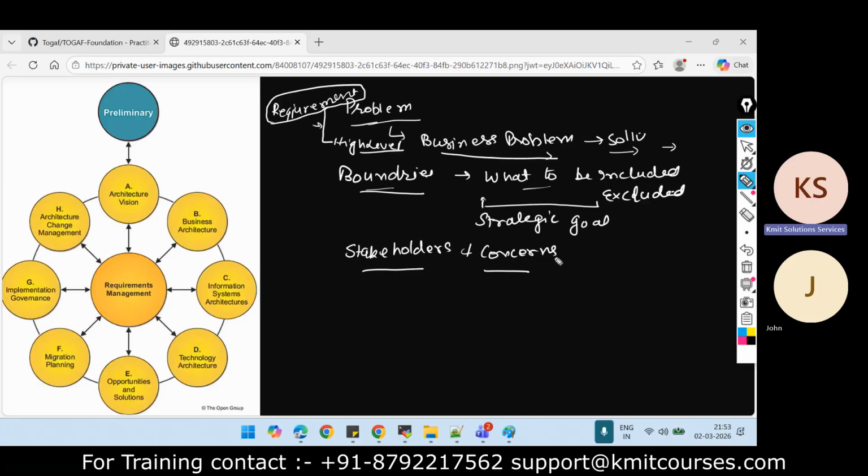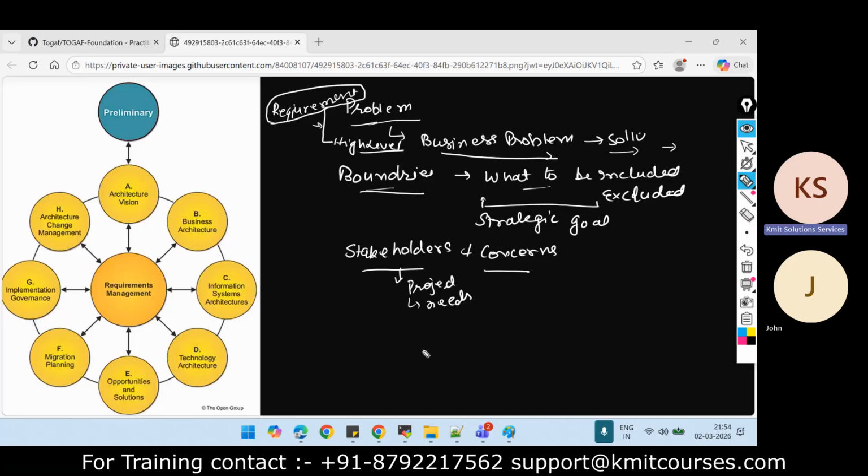So the architecture needs to address the key needs of business leaders, IT, end users, etc. Okay. So we identify stakeholders which are basically at the project level. Then we need to understand what their needs are.